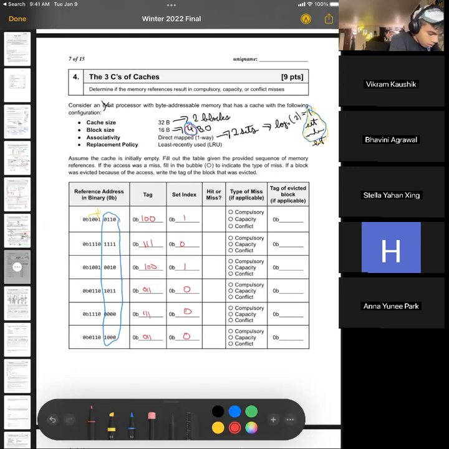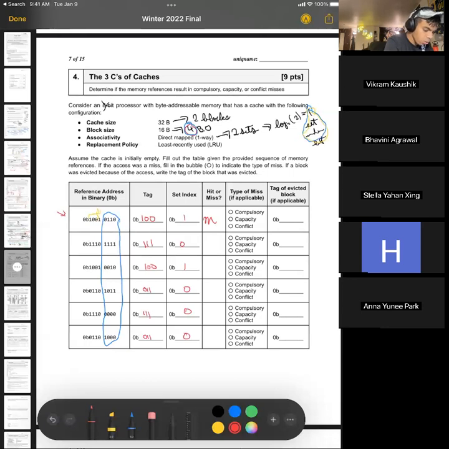Awesome. So now we've determined the decomposition of these addresses, and it's asking us to determine the hit or miss patterns. So assuming my cache was initially empty, on this first access there's just no chance that we get a hit, because our cache just doesn't contain anything.